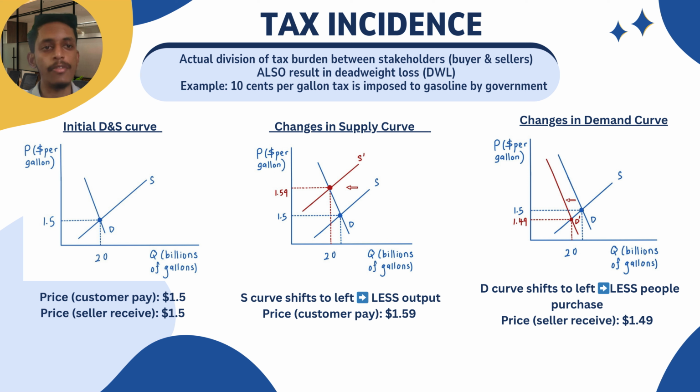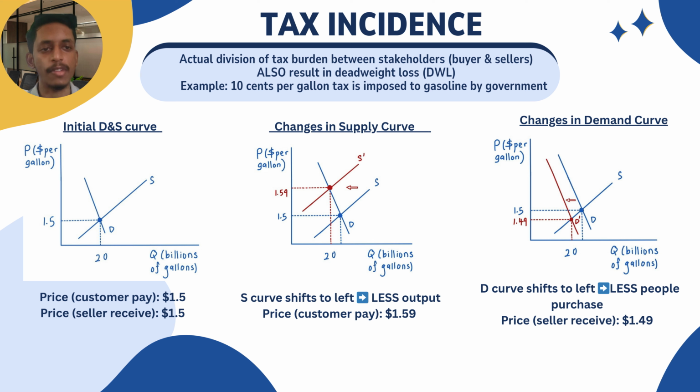Now look at the bottom graph. What if the tax is imposed on the buyers instead? In this case, the demand curve shifts to the left from D to D1. Why? Because fewer people are willing to purchase the good at the higher tax price, leading to less output.